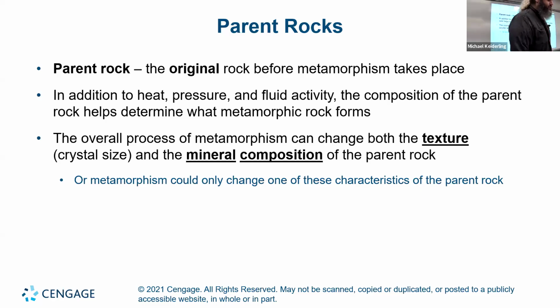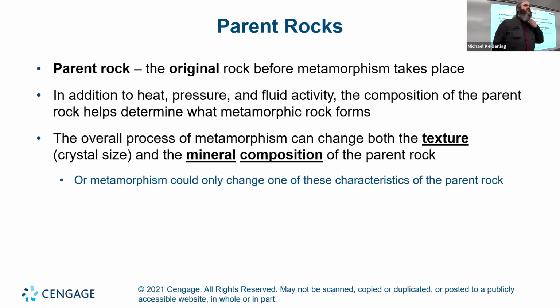Metamorphism can also cause certain elements to exit, sort of dissolve out of, other minerals and form new minerals. This is why a lot of the gemstones people like form in metamorphic rock.